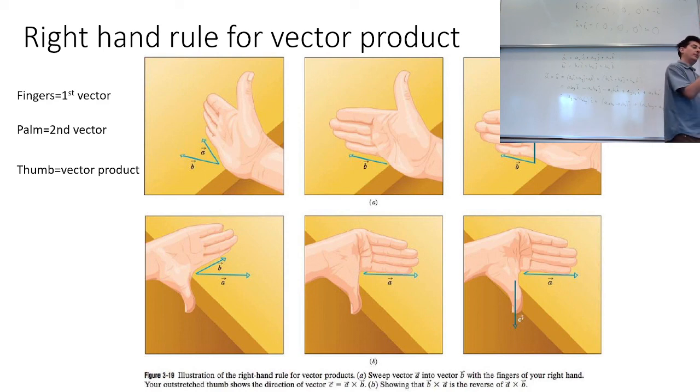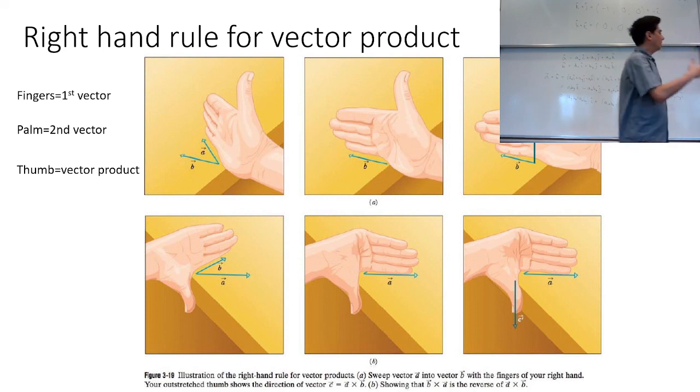So imagine a thing pointing out of your hand. And then the thumb tells you which direction the vector product is. So here, you first point your hand this way. If we're trying to work out the direction of the vector product for these two vectors here, we've got the first vector here.